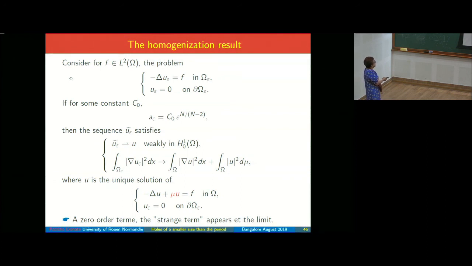Okay, that means that there is this zero order term, which is the strange term, coming, nobody knew at that moment. It seems like coming from nowhere exactly, but actually there is some reason for this term that one can understand, so that we have this zero order term.